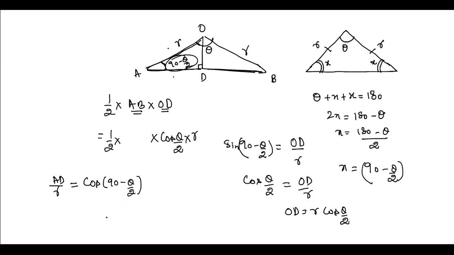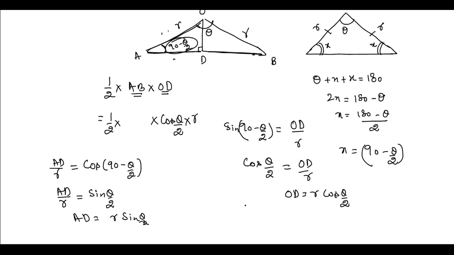This upon this is equal to cos. So AD upon R is equal to cos of 90 minus theta by 2, and cos of 90 minus theta is equal to sin theta. So here you can write sin theta by 2. So the value of AD is equal to R sin theta by 2.